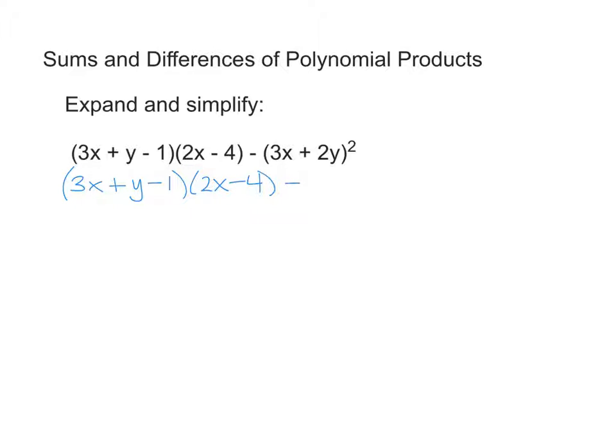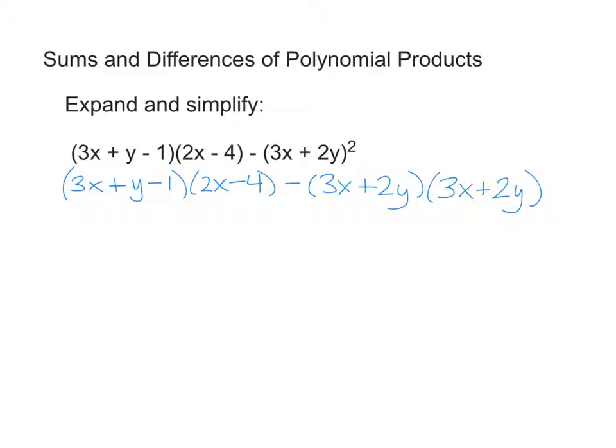So I'm just going to take that exponent and change it into a multiplication. So I'll go 3x plus 2y times 3x plus 2y. And by writing it out like that, it stops me from making that mistake that some people make with a polynomial like that, where they just square the 3x and square the 2y. That's not what that squared means. It means square the whole thing, which means multiply the whole thing by itself.